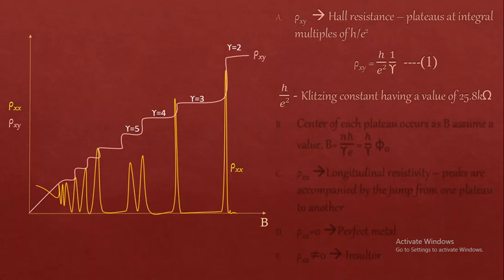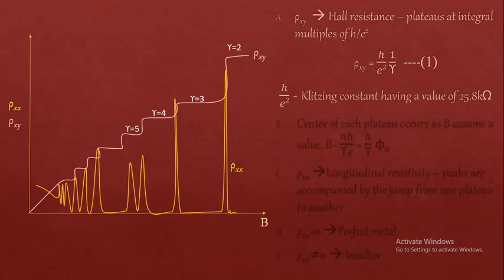But if you consider the fractional quantum Hall effect, these gamma values are going to be fractions. So gamma can be 1 by 3, 2 by 5, 3 by 7, 2 by 3, 3 by 5, 1 by 5 and so on. So based on these gamma values, we differentiate between the two kinds of quantum Hall effects.